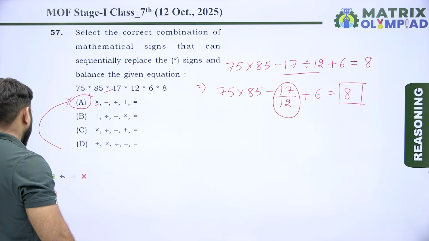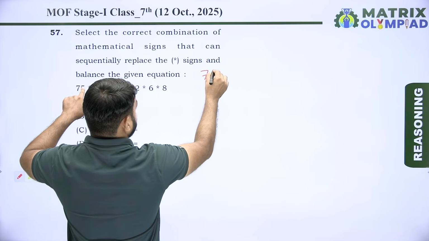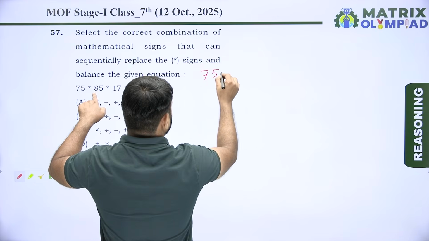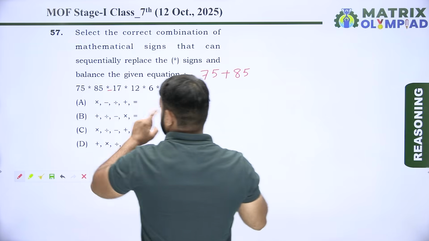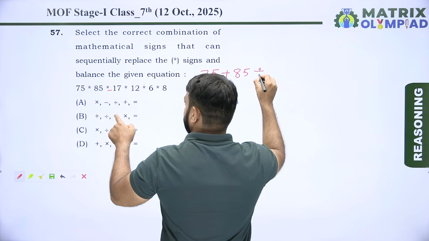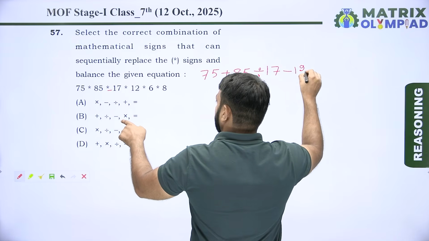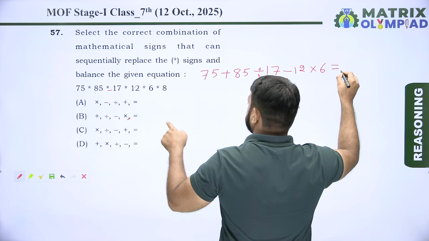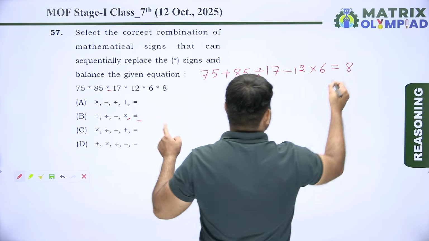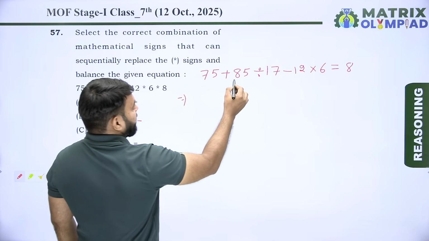Now taking option B. According to option B, the first asterisk means plus, 75 plus 85. The second asterisk means divided by 17. Third means minus 12. Fourth means multiply by 6, and the fifth means is equal to 8. Now using the BODMAS rule in this equation, first divide the numbers.